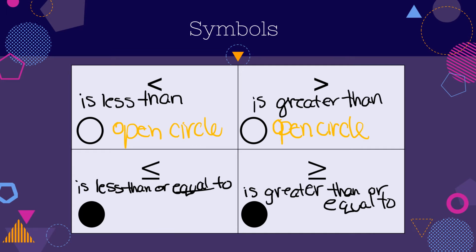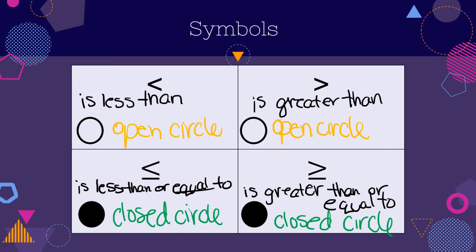It could be equal to. So we're going to call that a closed circle or dot. And you could say shaded dot, you could say closed dot, you could say closed circle, you could say shaded circle. I don't care how you explain it. What I care about is that when you draw it, it is filled in.